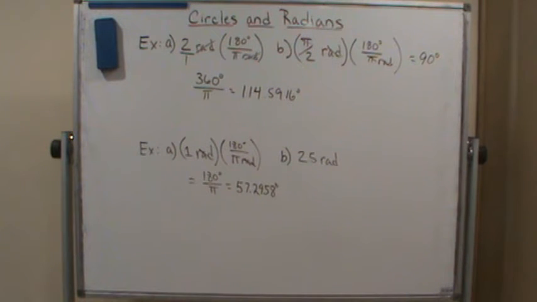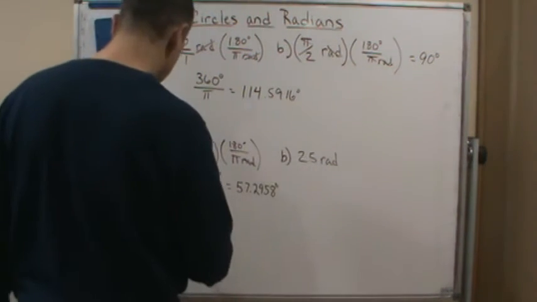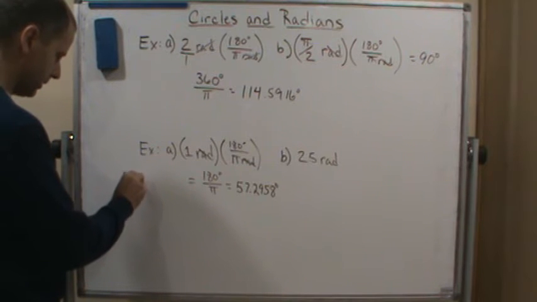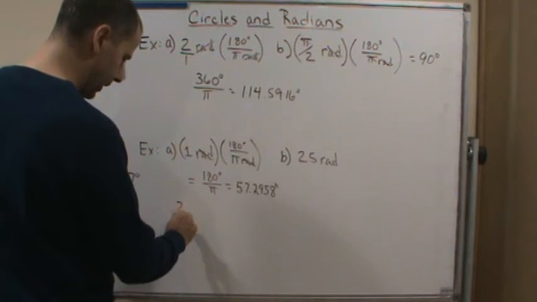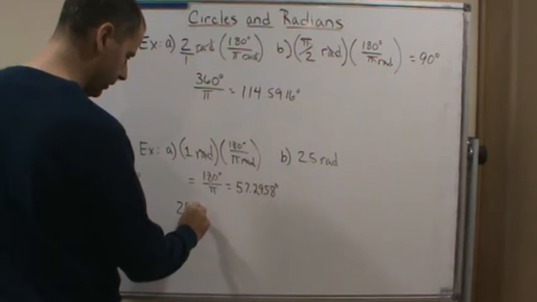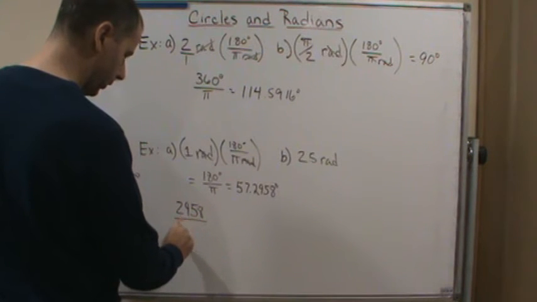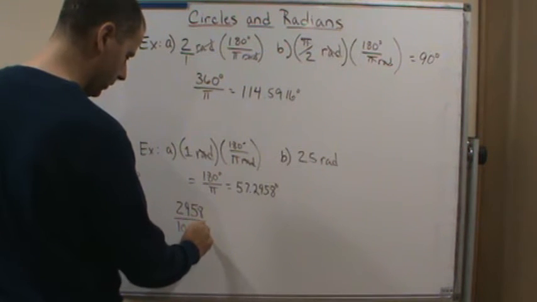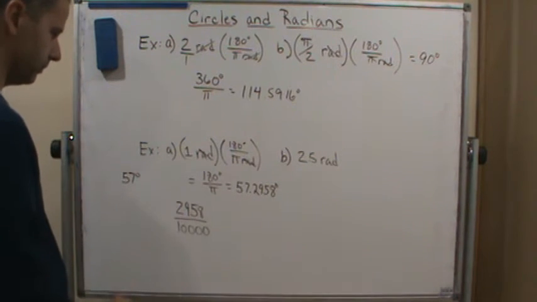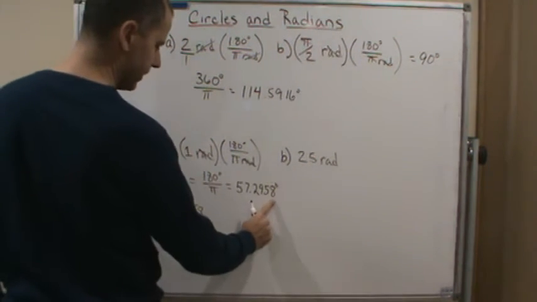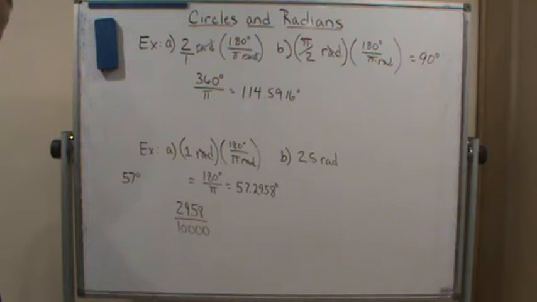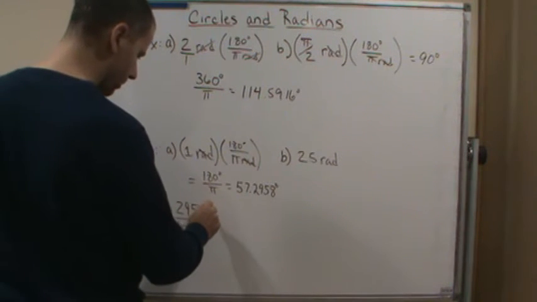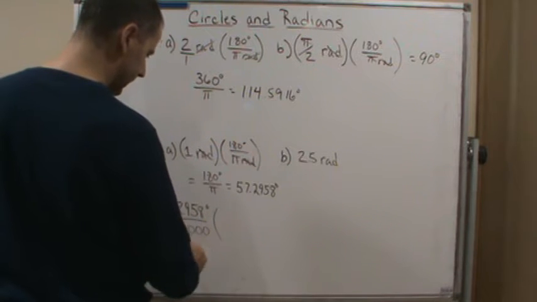Now what I need to do is, so far I've got 57 degrees. And now what I'm going to do is I'm going to take this fractional part, and I'm going to write it as 2958 over 10,000, because the 8 is in the 10,000ths place, so this is 2958 over 10,000. Okay, degrees.